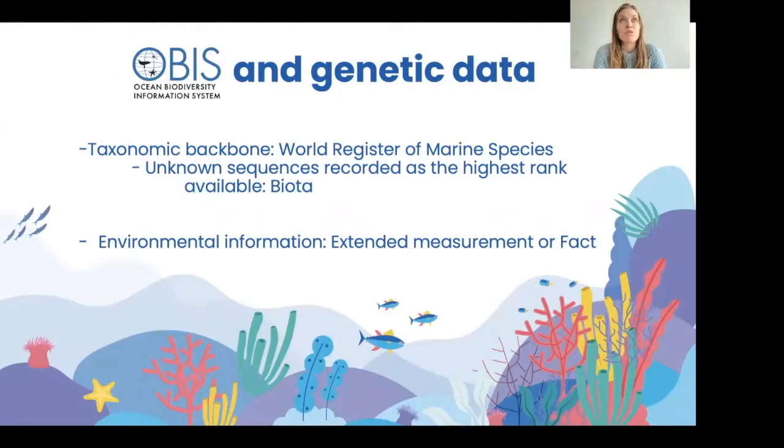So what we want is that all sequences are indeed recorded in OBIS, but if the name that you acquire from your database is not an accepted scientific name in the WoRMS database, to record it either as a higher rank, which would be available in WoRMS, or, if it is a completely unknown species or a completely unknown name, to record the sequence as the highest rank available, Biota.